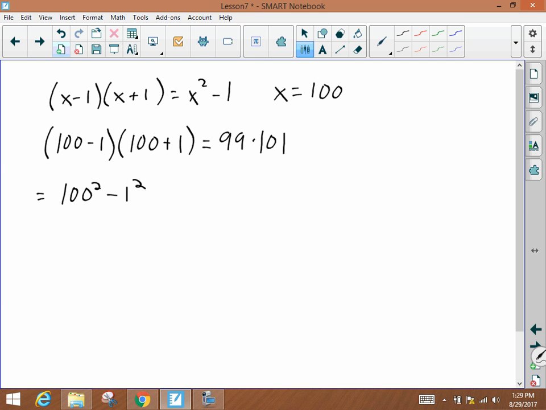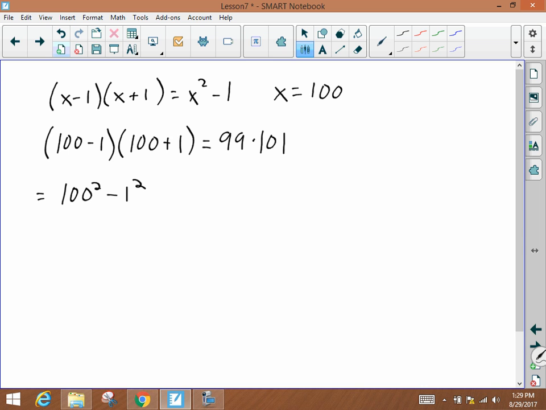I'm sure you've already done that in your head. So we have this general rule that we just talked about, our difference of squares. We're going to use our difference of squares identity to do a lot of these things.